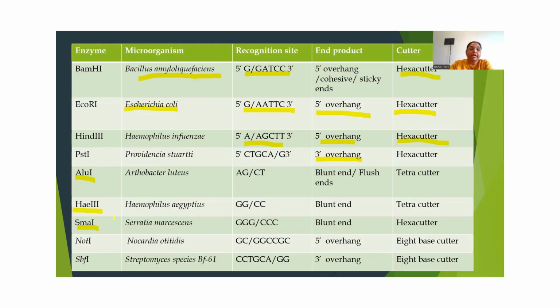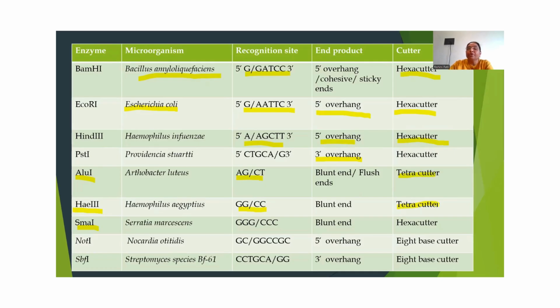In the same way, HaeIII, its recognition site is GGCC, and there is a cleavage in between the G and C. Okay, so the ends generated are blunt ends. Now when you look at the recognition site or restriction site, how many nucleotides is it made up of? It is made up of 4 nucleotides, and as it is made up of 4 nucleotides, it is going to be called a tetracutter.